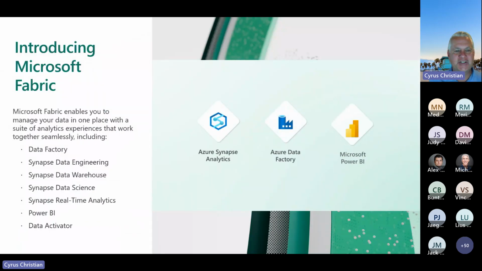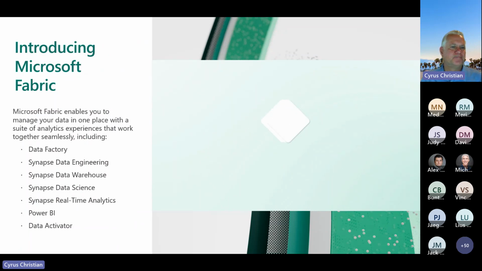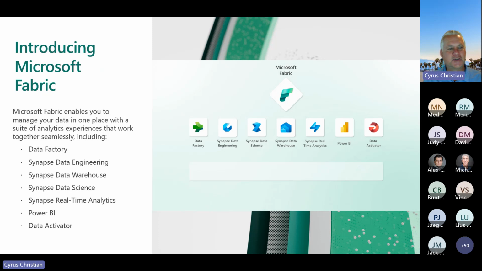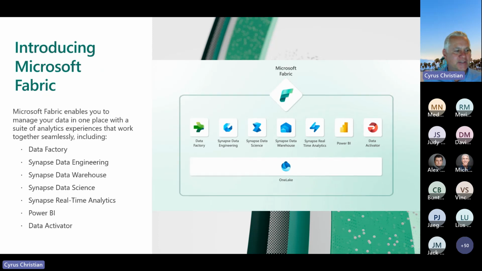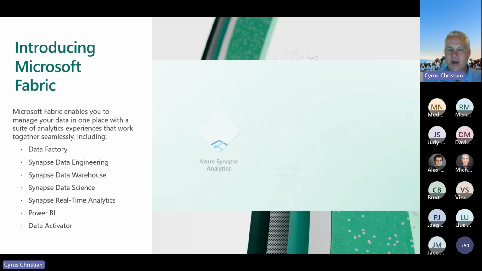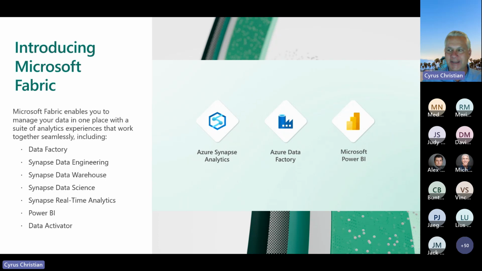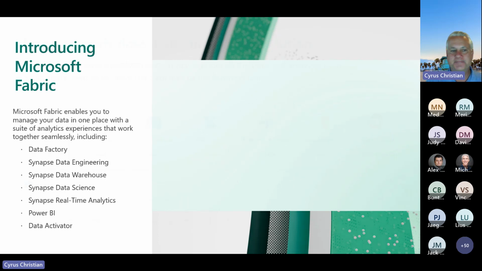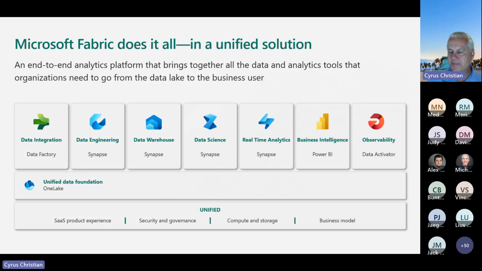Fabric is going to be a collection, not only of Power BI, but also of all these other tool sets that you may or may not be familiar with. So Synapse data warehousing, data science, and pipelines and other types of things, all that sit on top of what we call this lake house. And over time, this terminology will be ingrained in your head, so you'll understand what these terms mean.